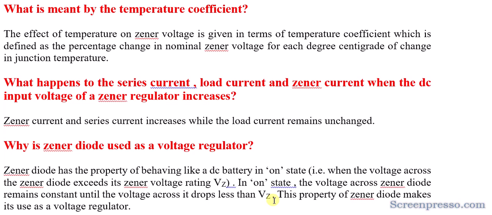If the voltage is less than VZ, there will be no conduction. This property of the Zener diode makes it usable as a voltage regulator.